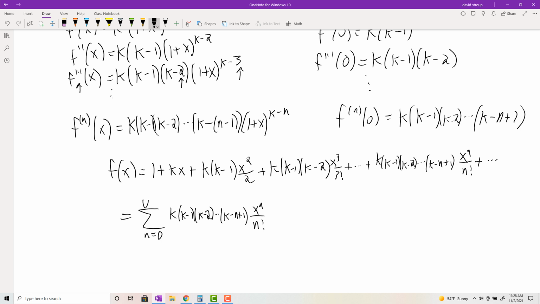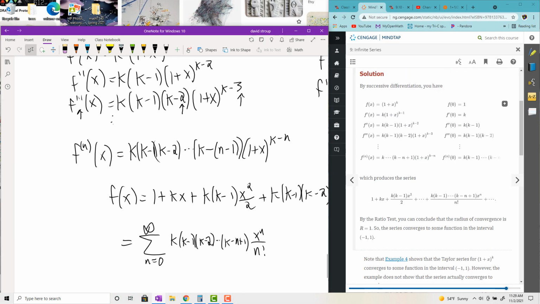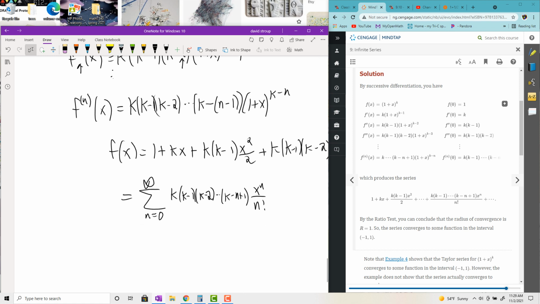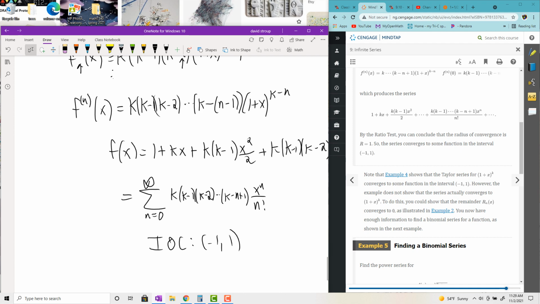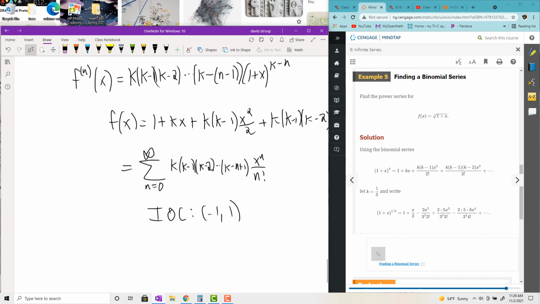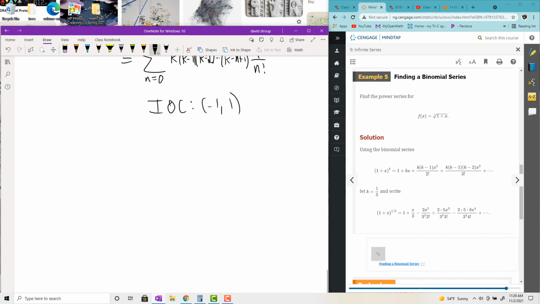Yeah, 0 to infinity, I believe. Okay, so good stuff. They don't put it in summation notation. You could do the ratio test on this guy. I'm not going to go through that rigmarole, but the interval of convergence will be -1 to 1. Okay, and then they expand from there and look at these funny versions of the binomial.